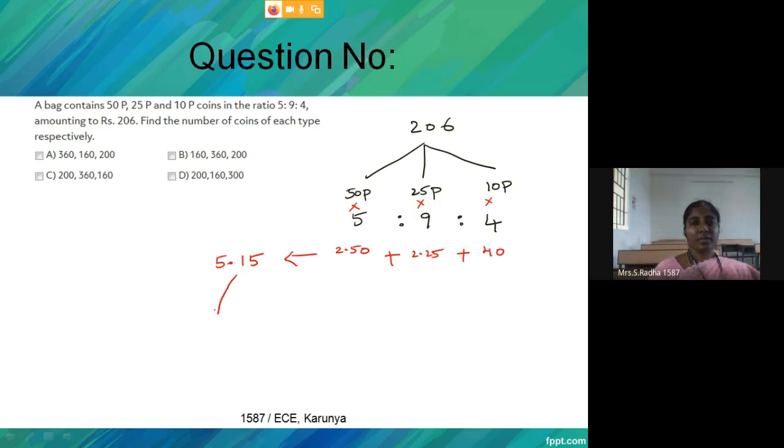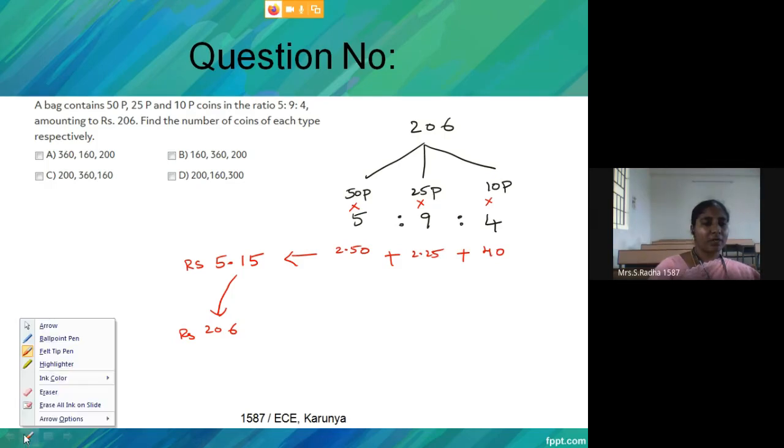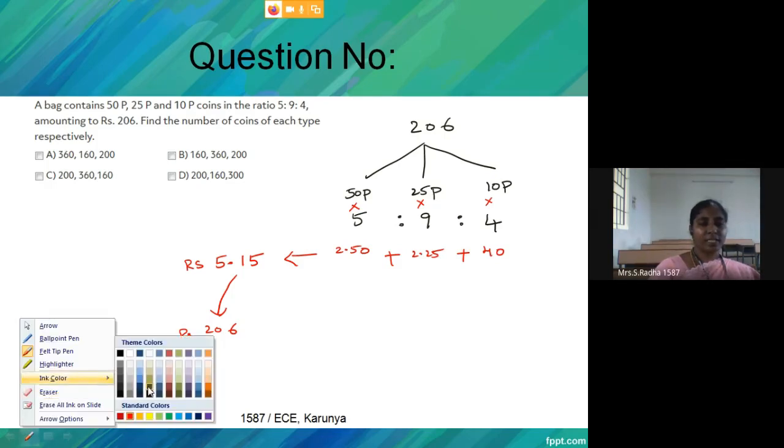So when will it become 206 rupees? What is the multiplication factor? You find out that multiplication factor and then use it for multiplying the ratios.